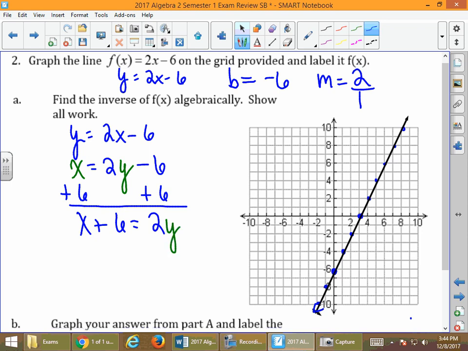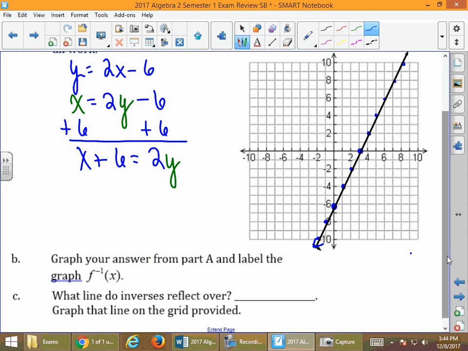But again, we're trying to identify our inverse here. So it's 2 times y. We're going to divide both sides by 2. And in this particular case, because we're going to have to graph, I'm going to separate it out. I'm going to divide x by 2 and 6 by 2 as well. Then we have y equals x divided by 2, which is 1x over 2, and 6 divided by 2 is 3.